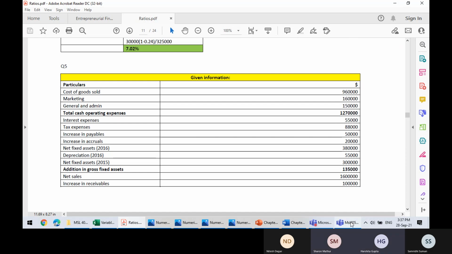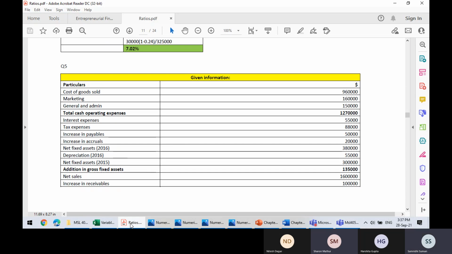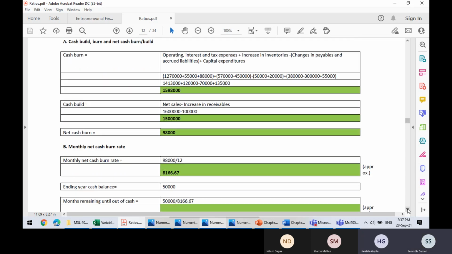I think it's net sales minus the difference in receivables. Okay, great. Let's just come to part A. So this is the given information that we have in the question, and the things that will be required to solve the numerical. So let's go to part A. Ma'am, can you come down to part A?